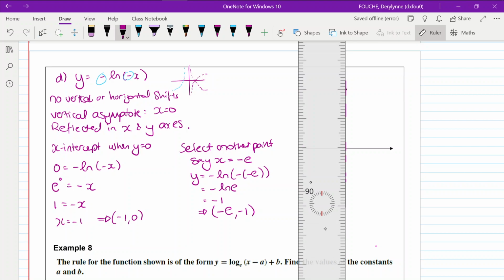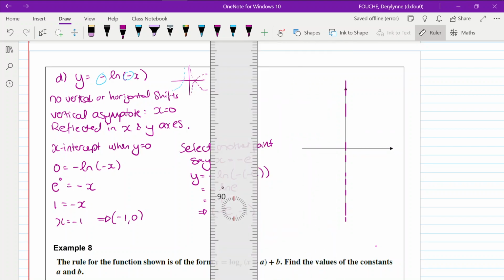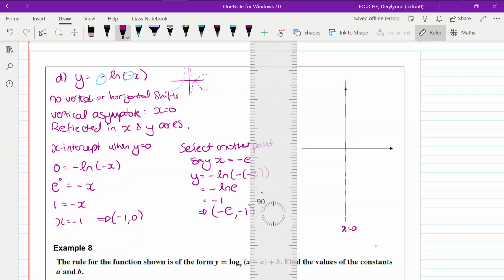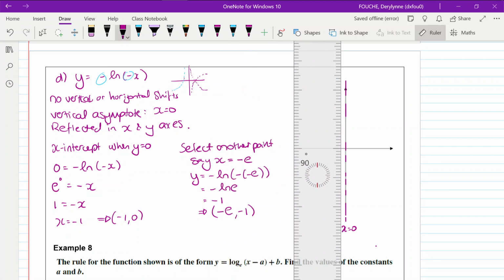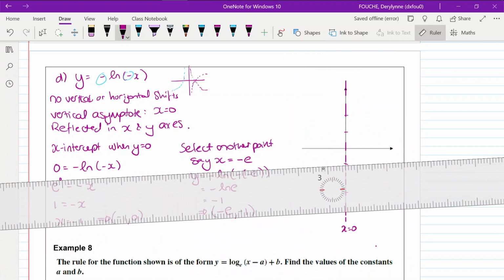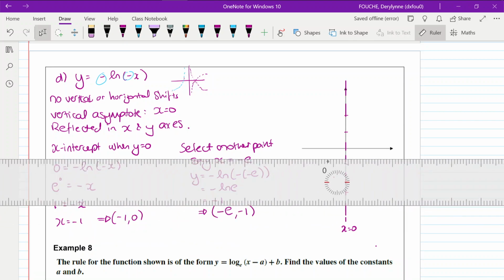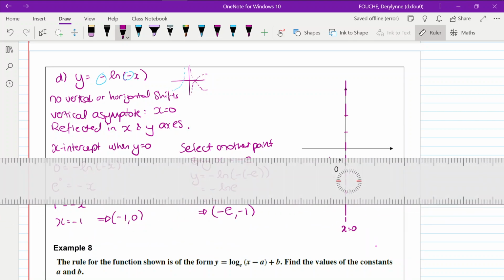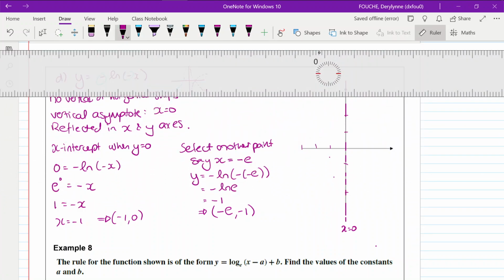Put our asymptote in at x equals 0, and we need some scale. Okay, so negative 1, 3.